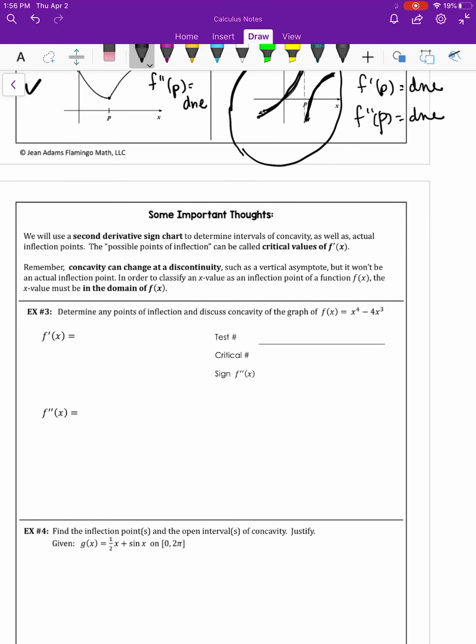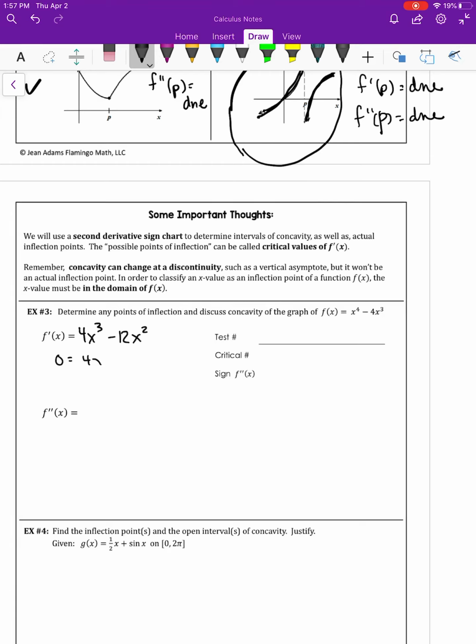So example number 3, determine any points of inflection and discuss concavity of the graph of f of x equals x to the fourth minus 4x cubed. Okay, so the first thing we're going to do is find our derivative. And so we're going to say that this is 4x cubed minus 12x squared.